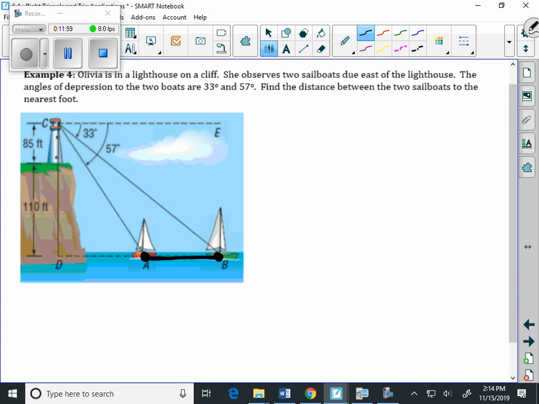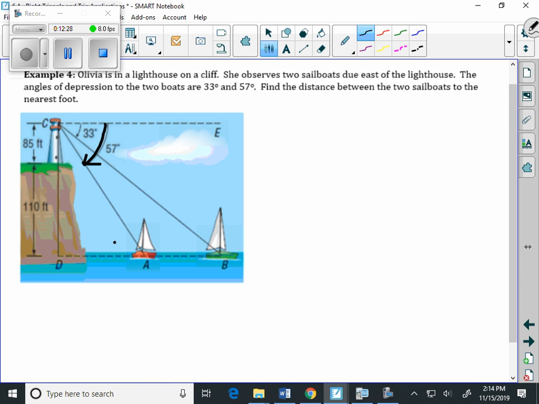But let's start by finding the distance from D to A. And we've got angles of depression in this one, and remember that 2 parallel lines cut by a transversal, alternate interior angles are equal. If this angle here is 57, there's the transversal.